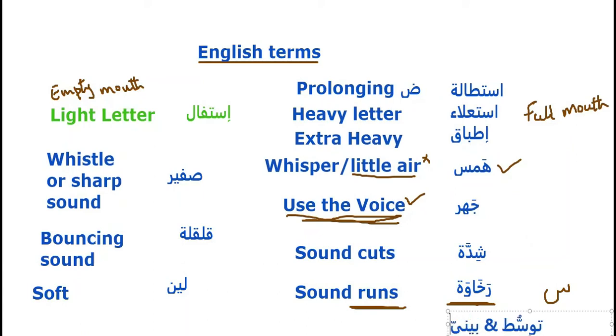بينية. In القاعدة النورانية we got بينية, right? الحروف الشديدة and حروف الرخاوة and البينية, حروف البينية. So either way, either you say توسط or بينية letters.